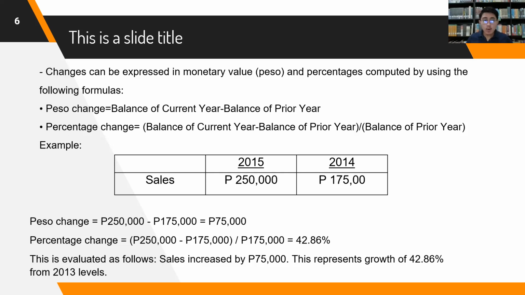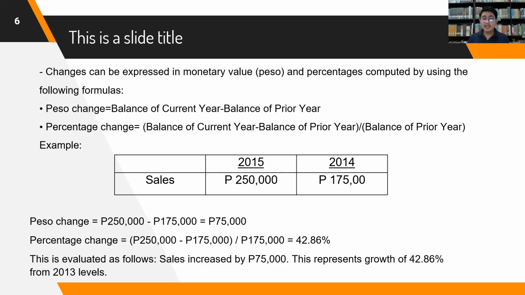So ganun lang po kabilis or kadali makuha yung peso change and percentage change. And that's what we call horizontal analysis. So of course, kapag nakuha na natin yung sagot, we need to analyze. Ano bang nangyari sa isang transaction? So dito, we need to explain it. So these are evaluated as follows.